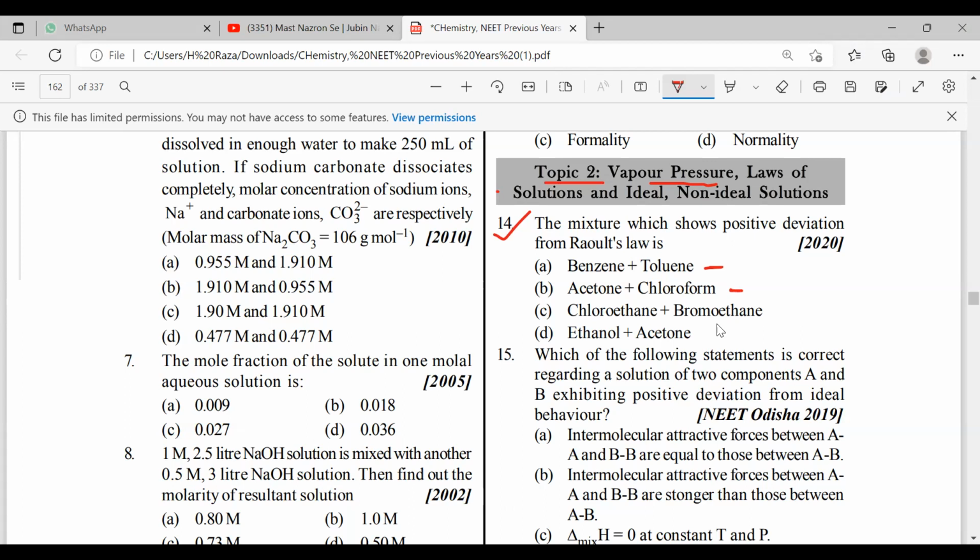Tell me. Option D. Any answer from Madiha? Sir, is it option B? Can you check your notes?